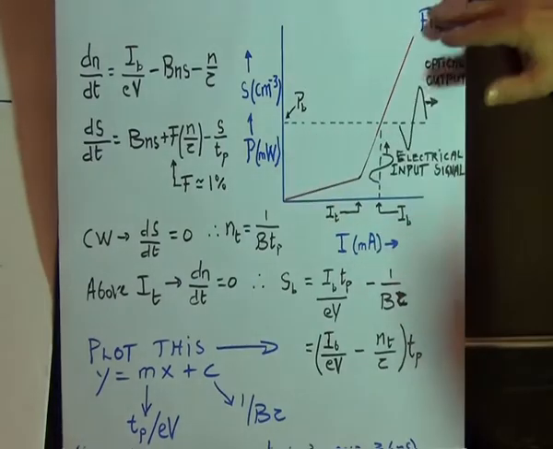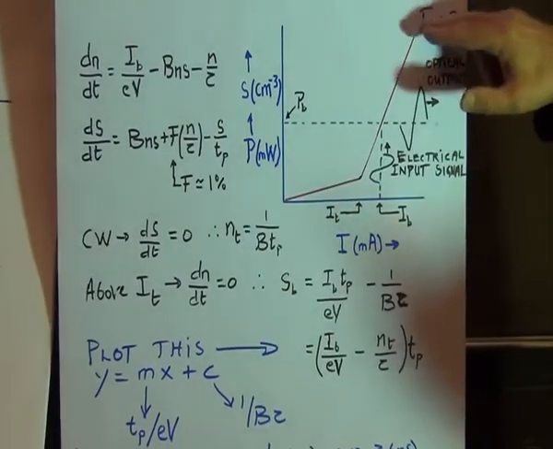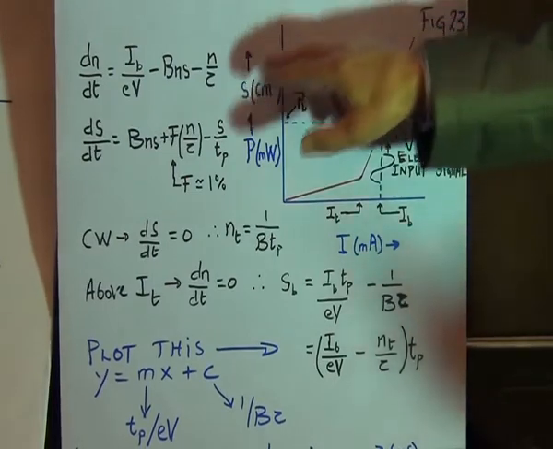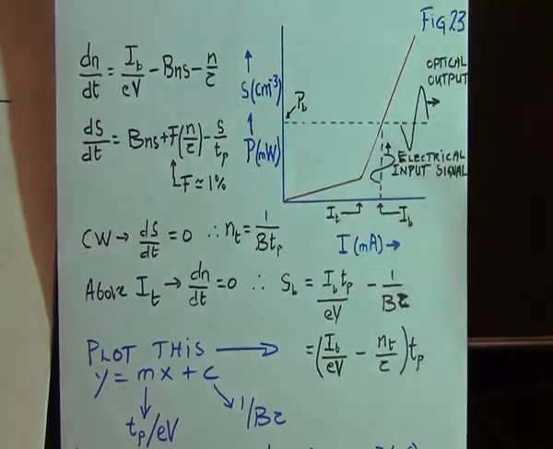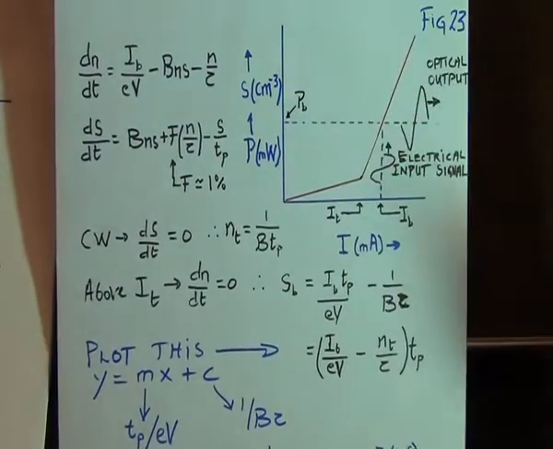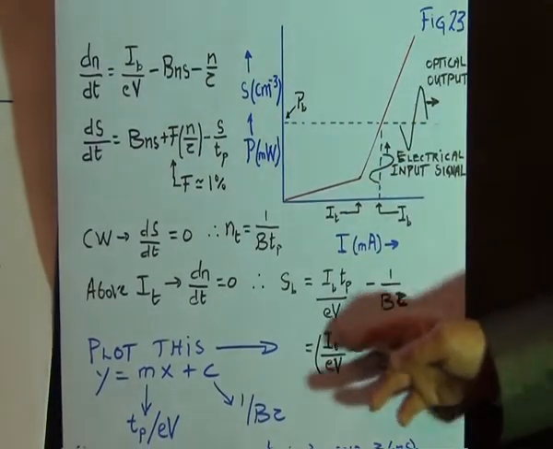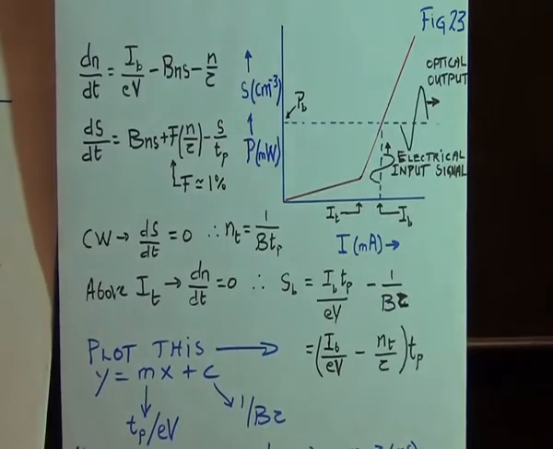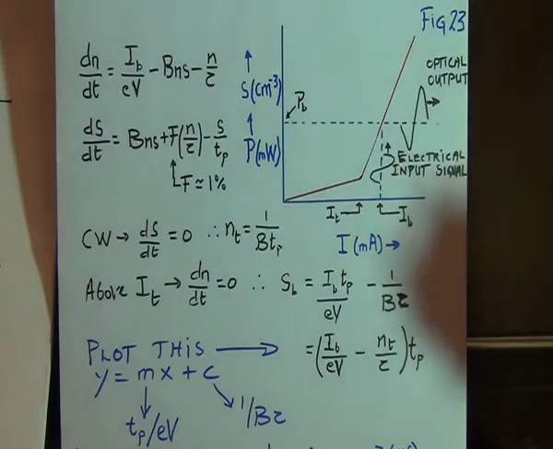So use a power meter to measure the PI graph, convert it to an SI graph, and then from the intercept and from the slope, you can look at them. One of them contains tau, and the other contains Tp. So you can find out the carrier lifetime and the photon lifetime in your laser from that experiment.